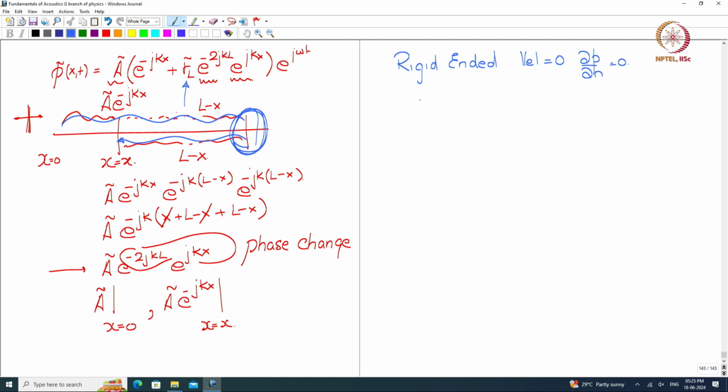So my R tilde L will be plus 1 because pressure gets reinforced. Okay, at the end velocities have gone to 0. So incoming velocity and outgoing velocity are opposed, and so the incoming pressure and outgoing pressure will be at the maximum. They will add in phase.